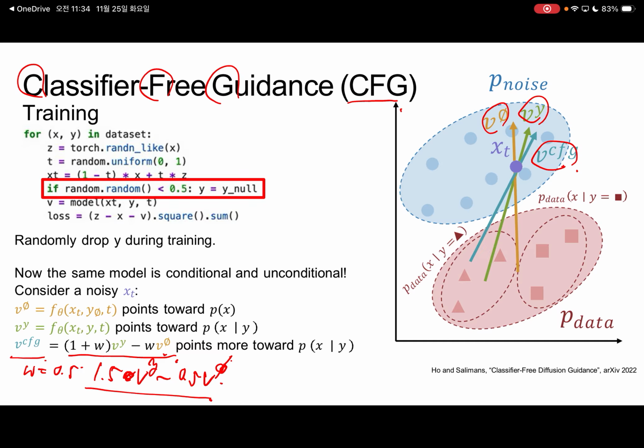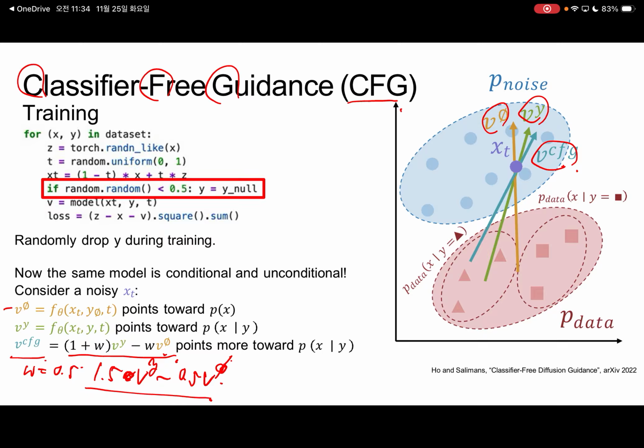This one, the VCFG, includes the condition stronger than Vy, because we get rid of V null, and then we add the same amount of conditional information to the Vy, right? So that is classifier-free guidance.